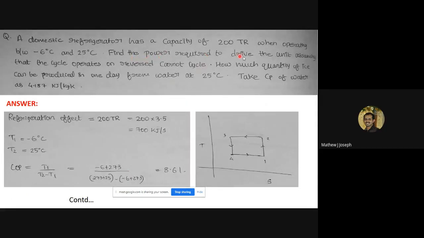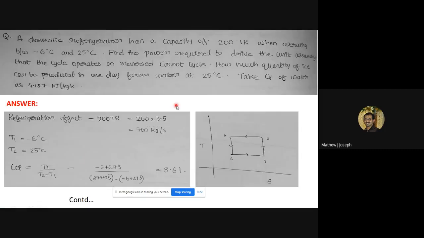The power required to drive the unit is 81.27 kilojoules per second. Now we are not stopping there. We are continuing with our question. How much quantity of ice can be produced in one day from water at 25 degrees Celsius?